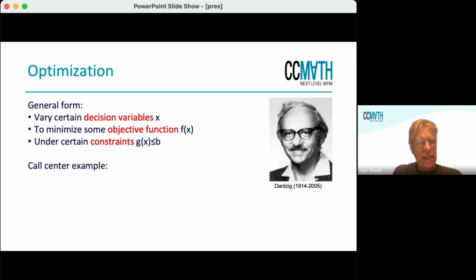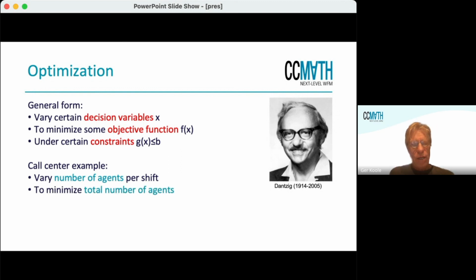In the example we are discussing today, the call center example, you can vary the number of agents per shift, the yellow numbers that were in the Excel sheet. You want to minimize the total number of agents, because then at the same time you minimize the overstaffing, because the required staffing is constant.